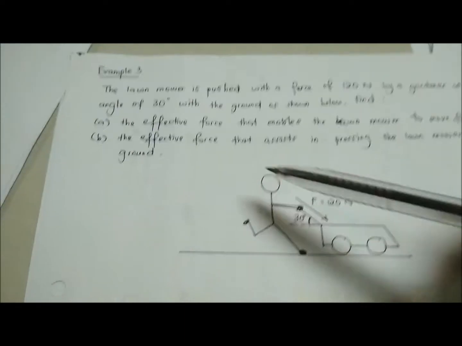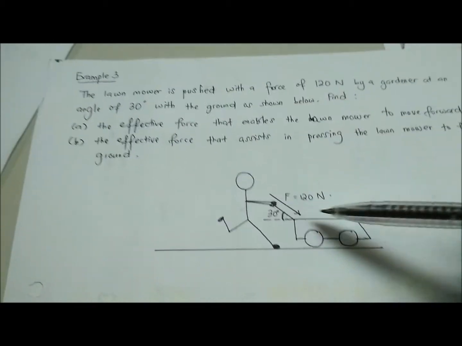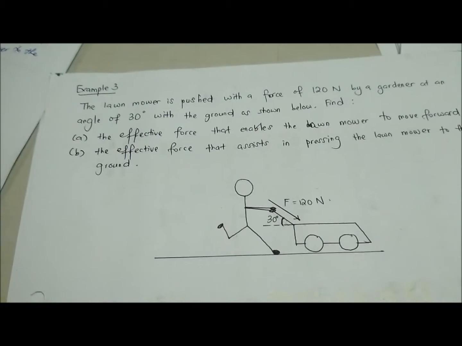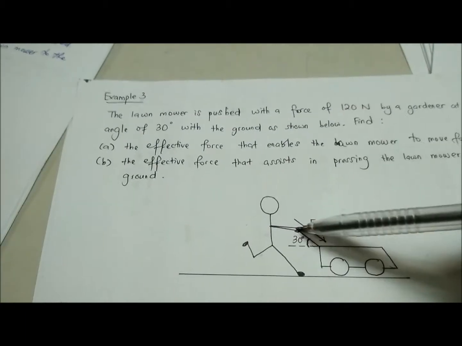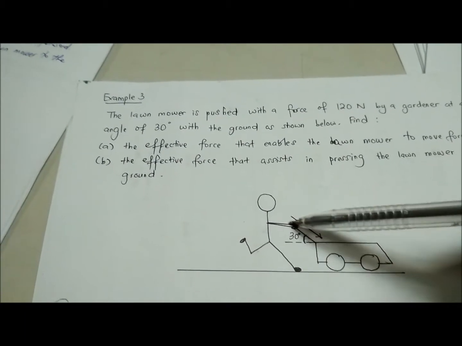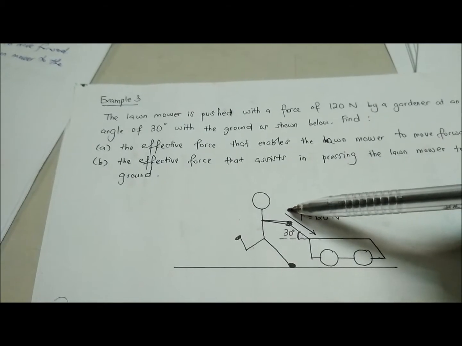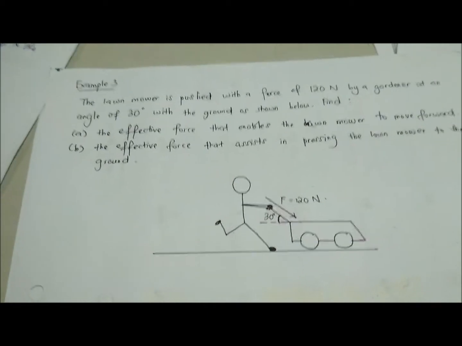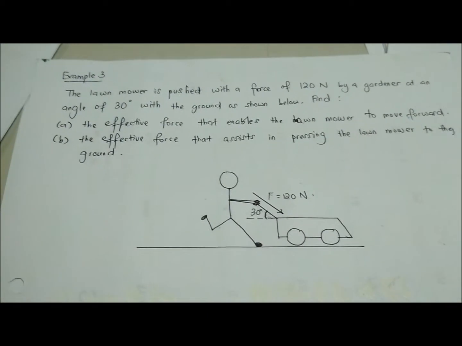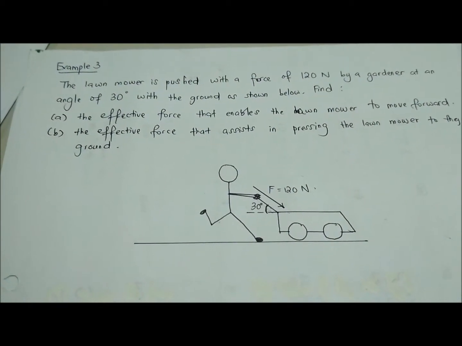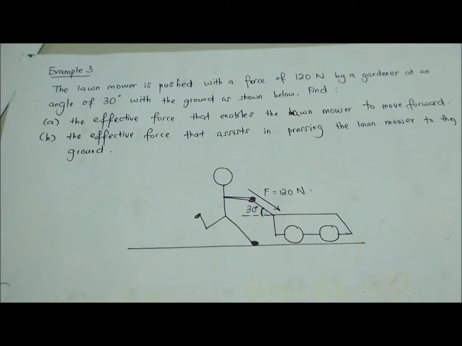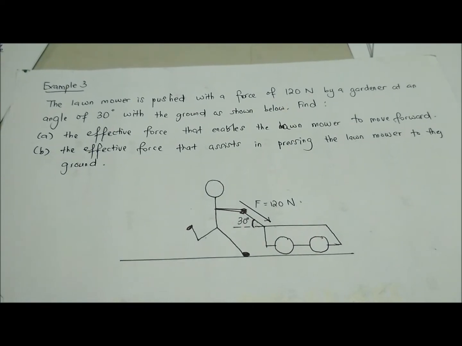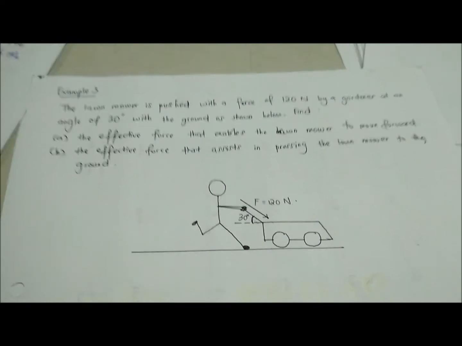Here's the lawnmower, here's the gardener, and the gardener pushes the lawnmower at an angle of 30 degrees, and he exerts a force of 120 Newton. Find A, the effective force that enables the lawnmower to move forward, and B, the effective force that assists in pressing the lawnmower to the ground.